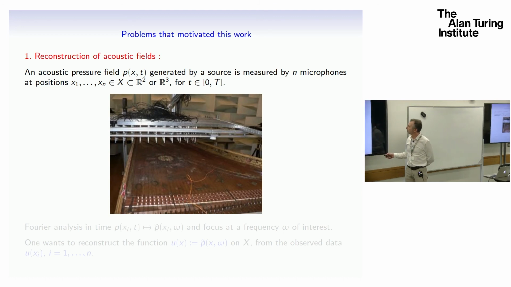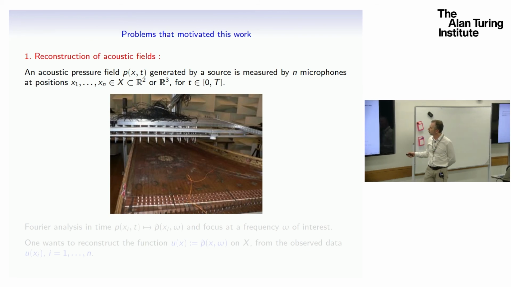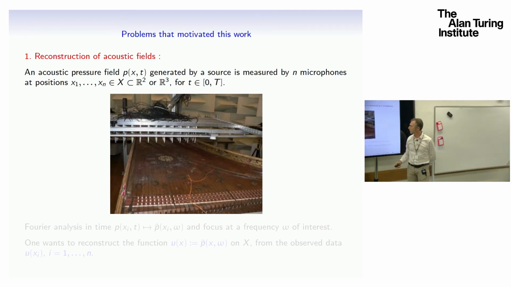And the goal was to recover mechanical information from the musical instrument, like the vibrating modes, from the acoustic field that could be measured by certain microphones. So you collect signals at these locations.